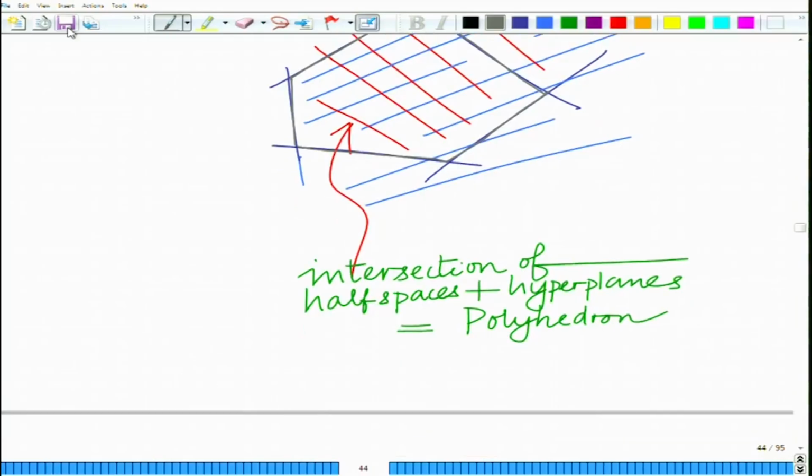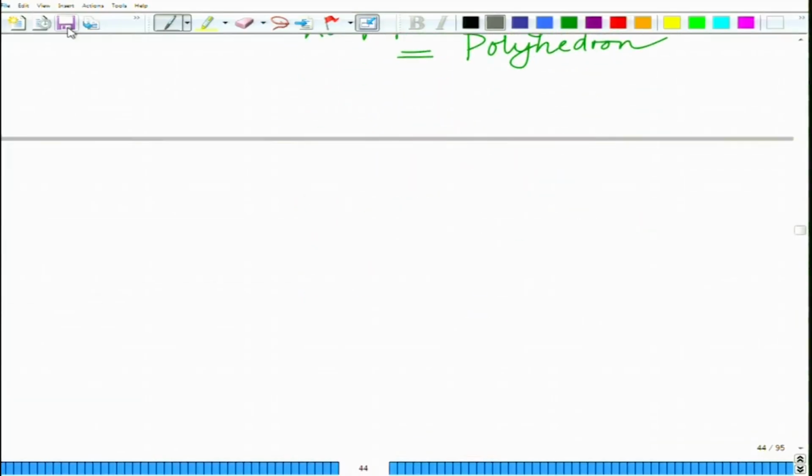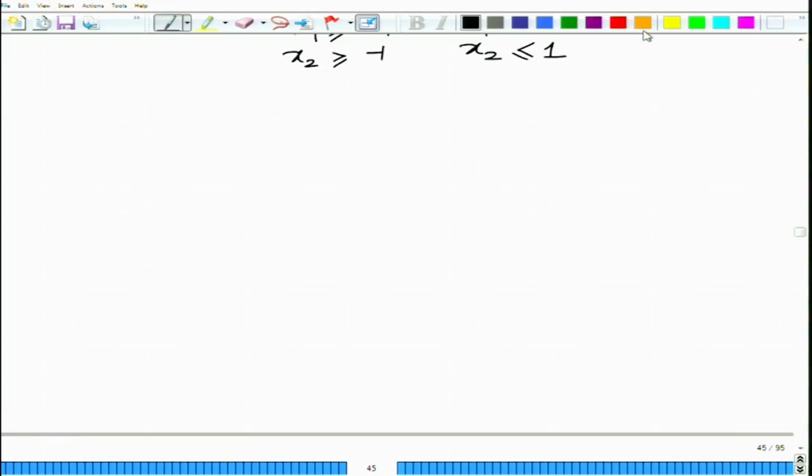And you can take a simple example again. Consider the polyhedron formed by these four half spaces, that is x1 greater than or equal to -1, x1 less than or equal to 1, x2 greater than or equal to -1, x2 less than or equal to 1. If you look at that region, it is something that everyone will immediately recognize.